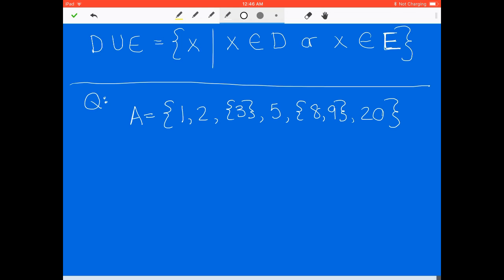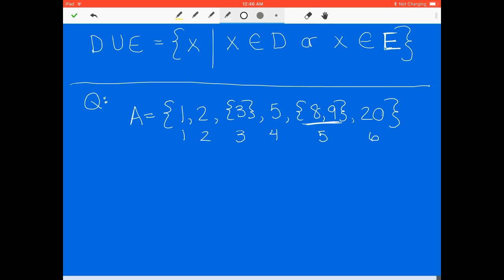And then I also want you to use the correct notation to state how many elements. So when we say how many elements, what kind of verbiage are we using? I would say the cardinality of A is, so here we have 1, 2, 3, 4, 5, 6.